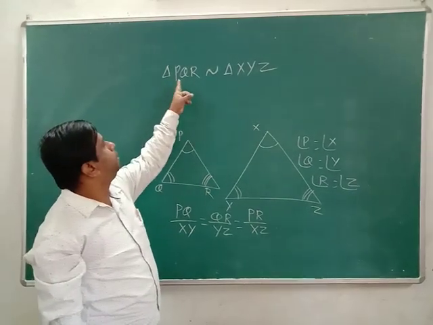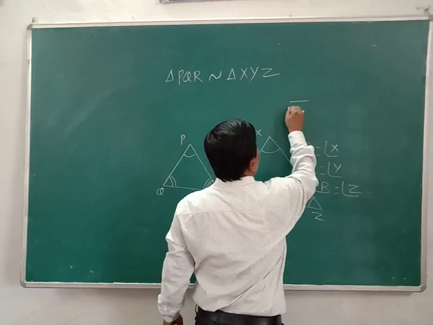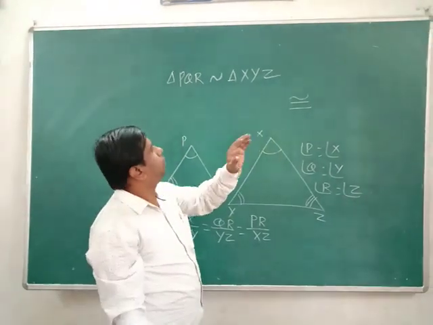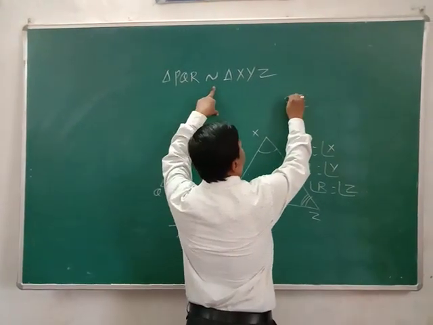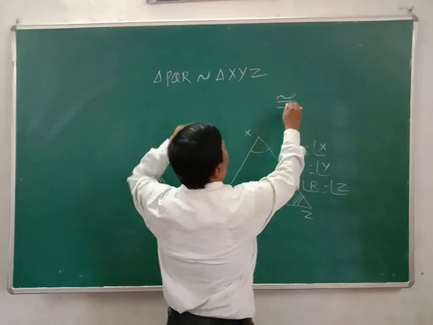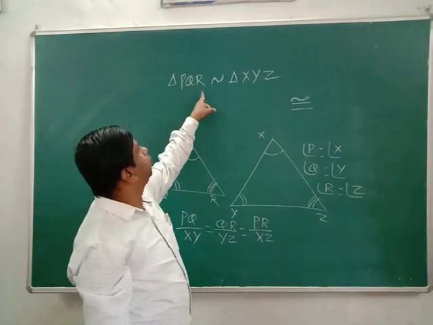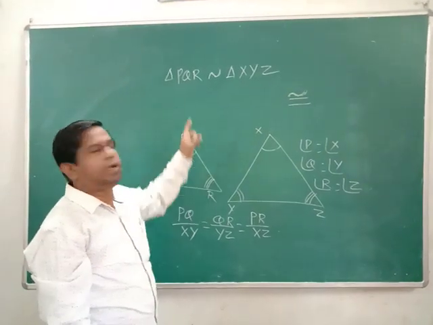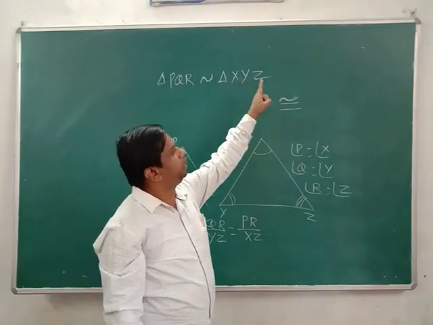In class 9 you have studied this symbol is used for congruent. Here only the upper part is used for similar. So triangle PQR is similar to triangle XYZ, and it is read as triangle PQR similar to triangle XYZ.